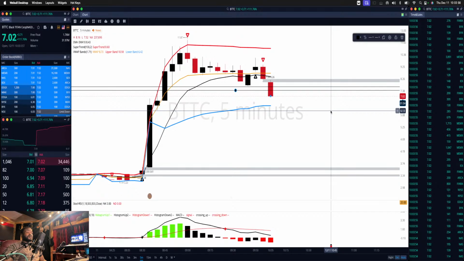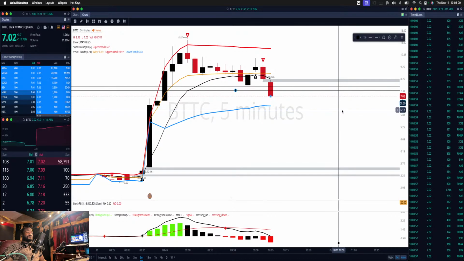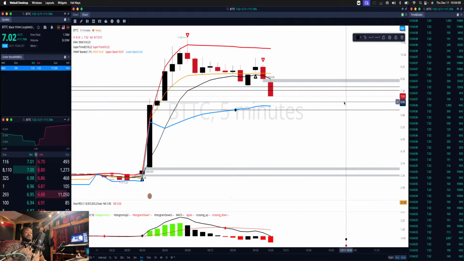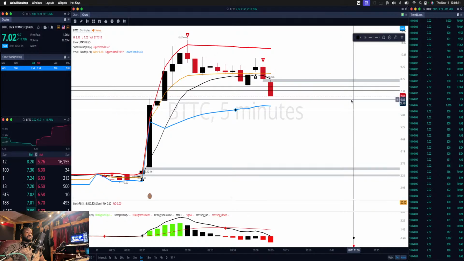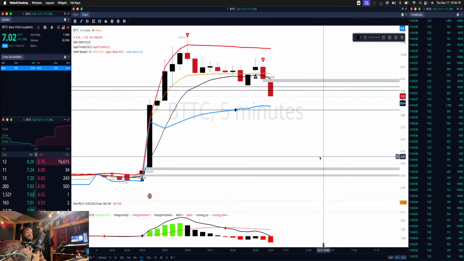Ooh, it went straight through that gap. That's no good. We're going to watch and see what it does. It's about to be halted again, down $7, 702.